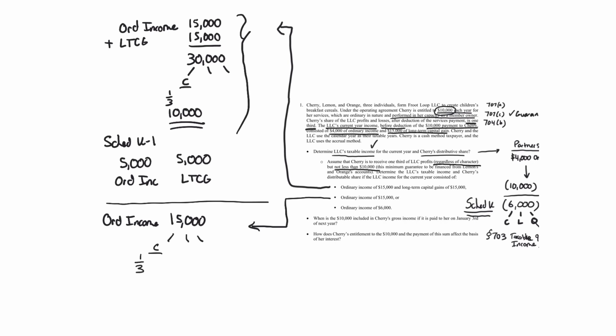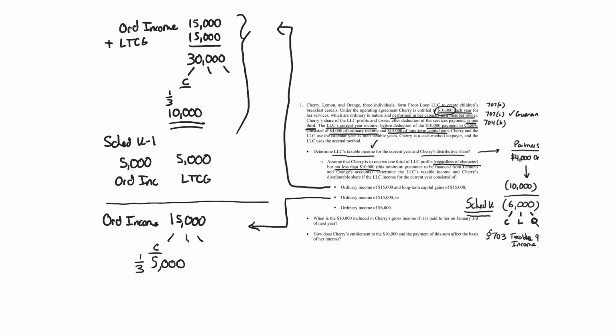We don't know how the other partners split things, but since we're not told, we're going to assume that the other partners are also going to be 1/3 based on the facts. That's usually the rule: if something is silent, you assume the other owners share equally, because that's how it is under state law. So that's going to be $5,000.